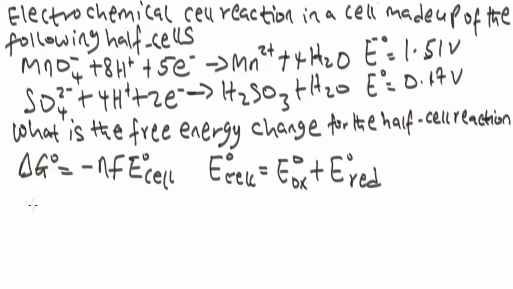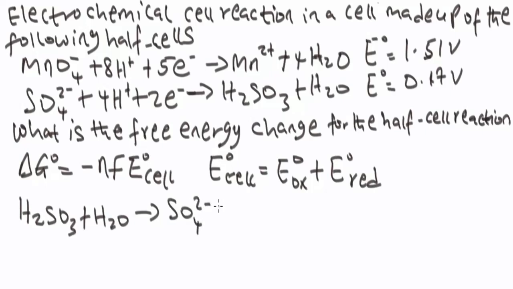So if we reverse it, we have sulfurous acid plus water yielding sulfate ion plus 4 hydrogen ion plus 2 electrons, so it lost 2 electrons.